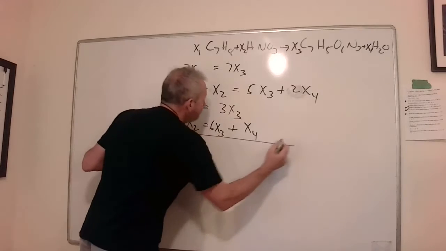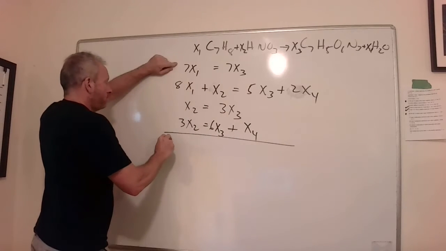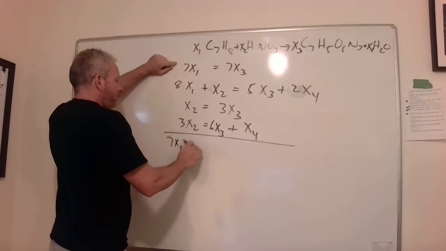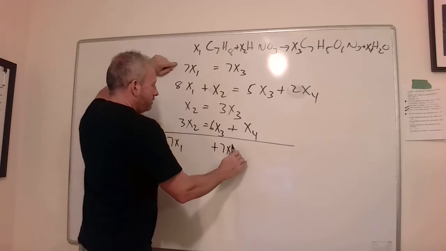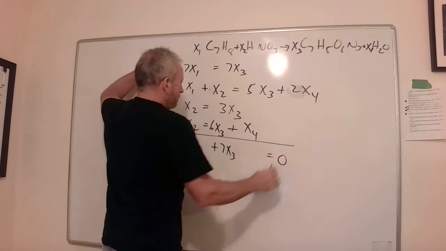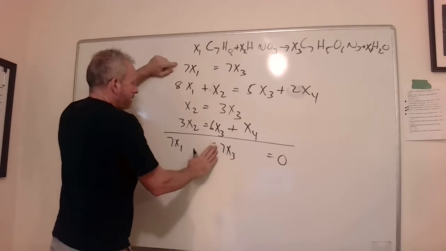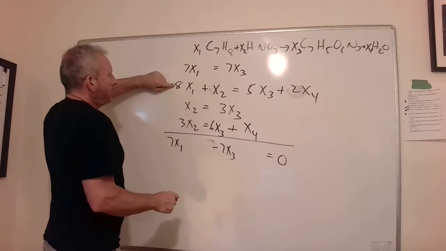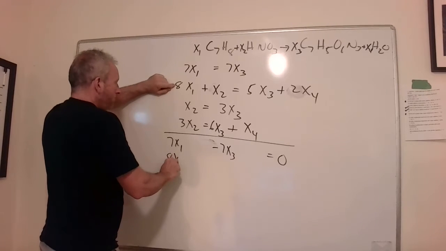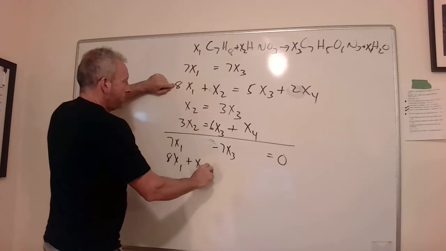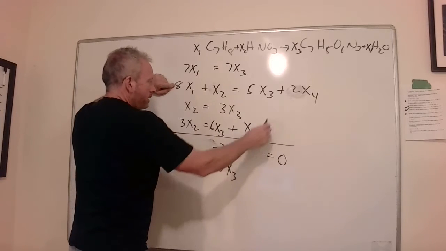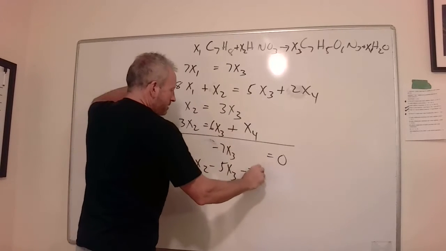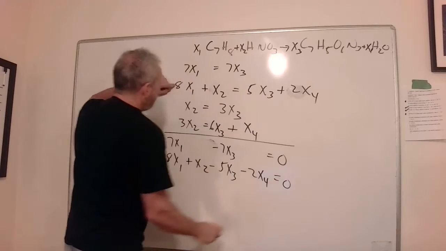So if we do that, we will get from this first one here 7x1, no x2s, I'll leave a little space, plus 7x3, no x4s, I'll leave a little space, equals 0, except this should be a minus. From this one here, we get 8x1 plus x2, bring this over, minus 5x3, bring that over, minus 2x4 equals 0.